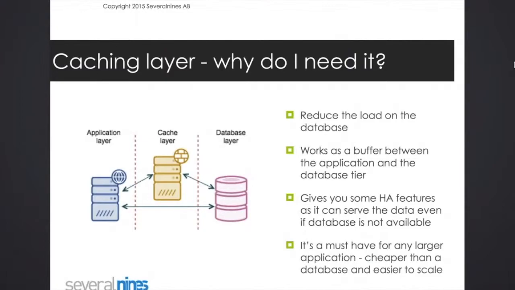Let's say we're talking about caching reads. The reads from the cache can be served to the application even if the database is not available. Of course, this may be some stale data, so it's up to your application whether it's okay to serve some stale data or not. But the truth is that for most applications, it's perfectly fine. Let's say we are talking about a social media type of application.